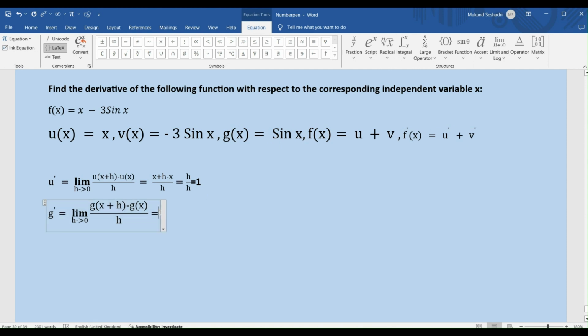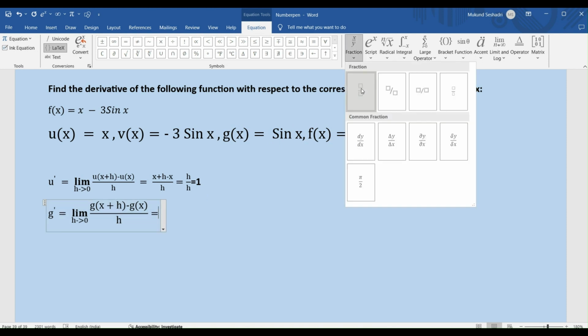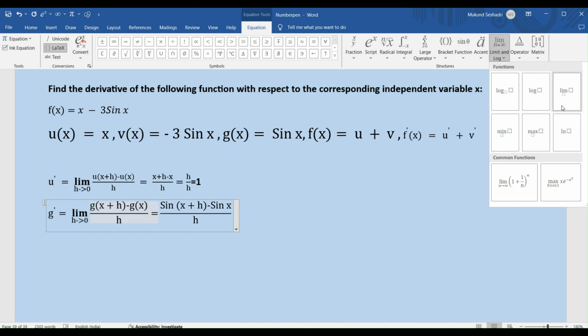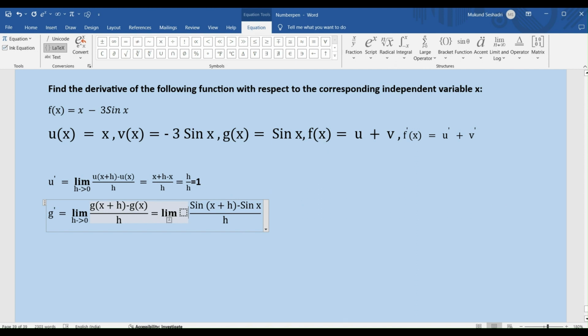And then what is my g of x plus h? My g of x plus h is sine of x plus h. And what is my g of x is sine of x, right? Divided by h. And remember, folks, I still have my limits. My limit is h tending to 0.